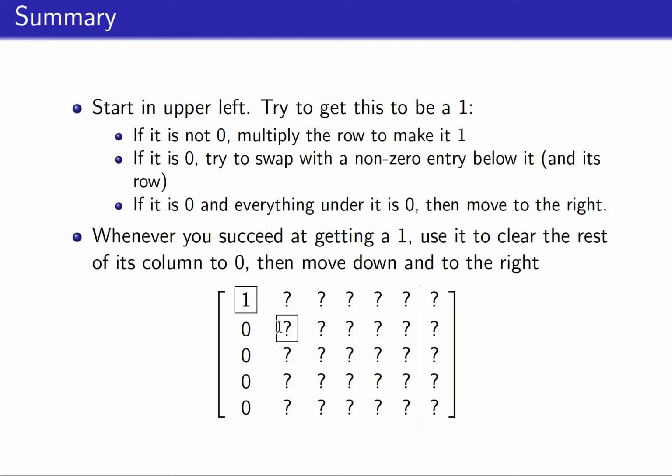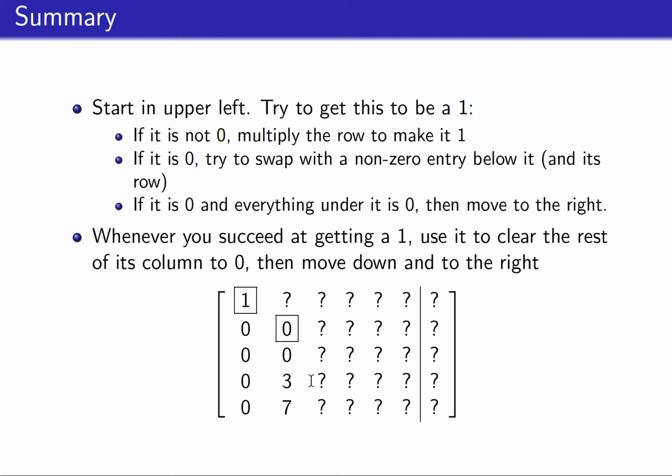What if it's 0? Okay. So if it is 0, then I'm going to try to swap with one of the non-zero entries below it. Like, okay, this is 0. That's no good. 3, 7, one of these. So this row is going to be swapped with, let's say, this row. If you want to be very systematic about it, say the first non-zero entry here. This one, by the way, I'm not even going to pay attention to because I'm not going to swap with this row. But look down here.